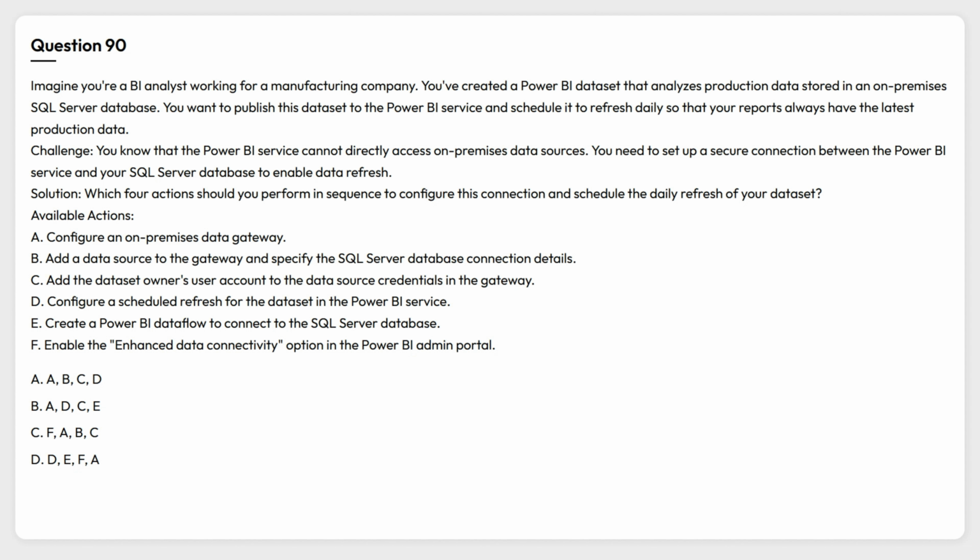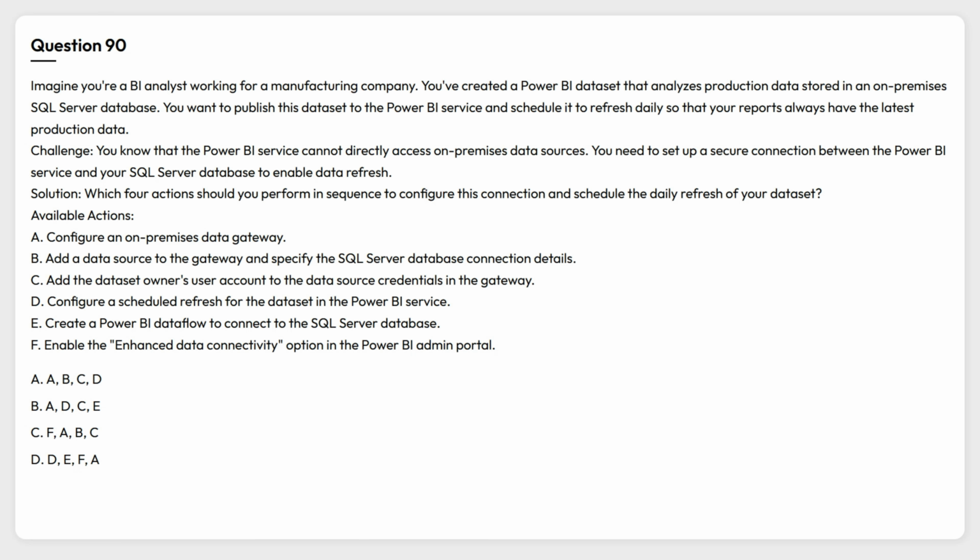A. Configure an on-premises data gateway. B. Add a data source to the gateway and specify the SQL Server database connection details. C. Add the dataset owner's user account to the data source credentials in the gateway.